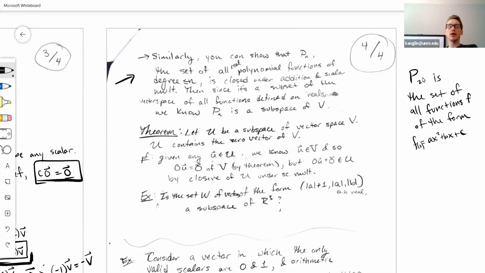Now, it actually turns out if you take a set of strictly quadratic functions, degree 2 polynomials, if you don't allow for the less than or equal to here, that will not form a subspace of the functions defined on the reals. And you might be able to think about why that is.